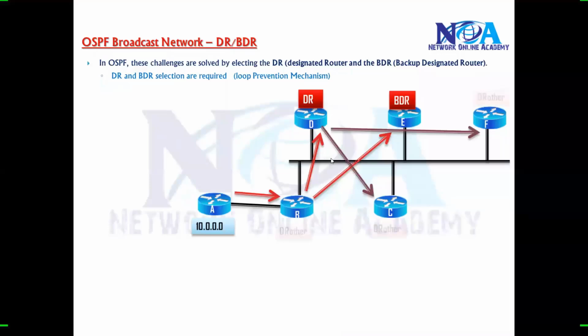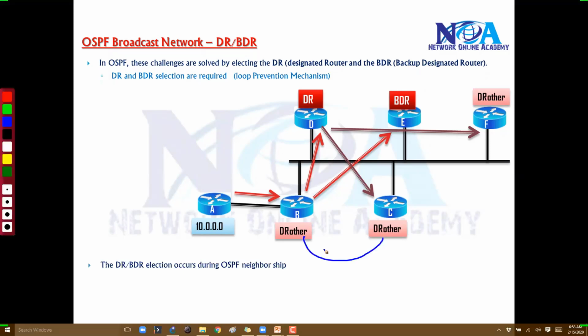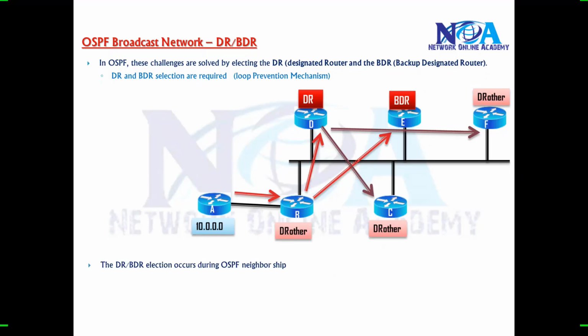The routers other than DR and BDR, we call them DR others. In this process, the DR others are only neighbors and they don't exchange any updates directly. If there is any exchange of updates, it should go via the DR. This is how it prevents the loops.